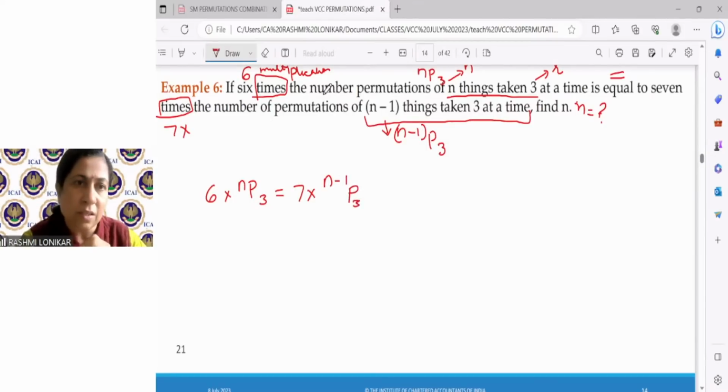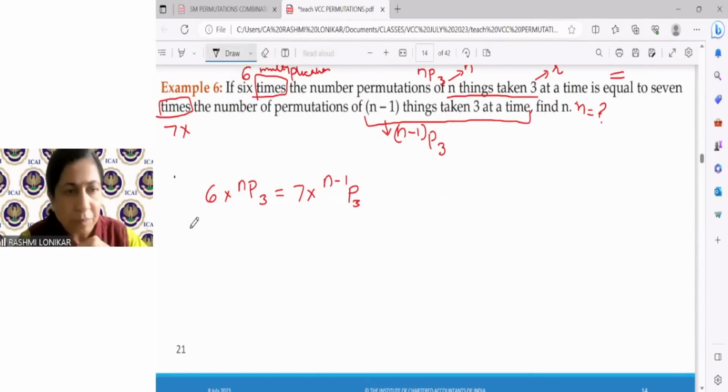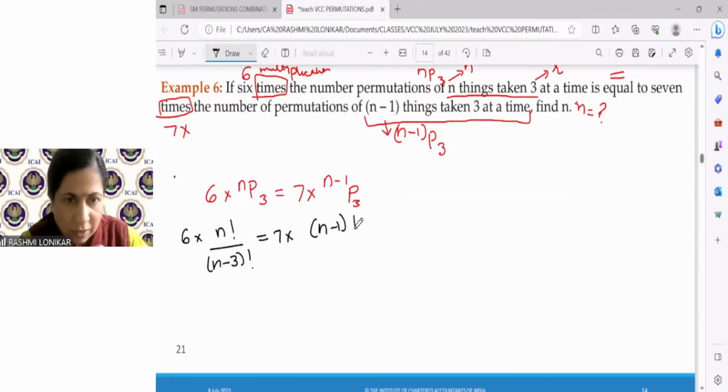This is how your equation will look. 6 into nP3 is n factorial upon n minus 3 factorial, equal to 7 into n minus 1 factorial upon n minus 1 minus 3 factorial.